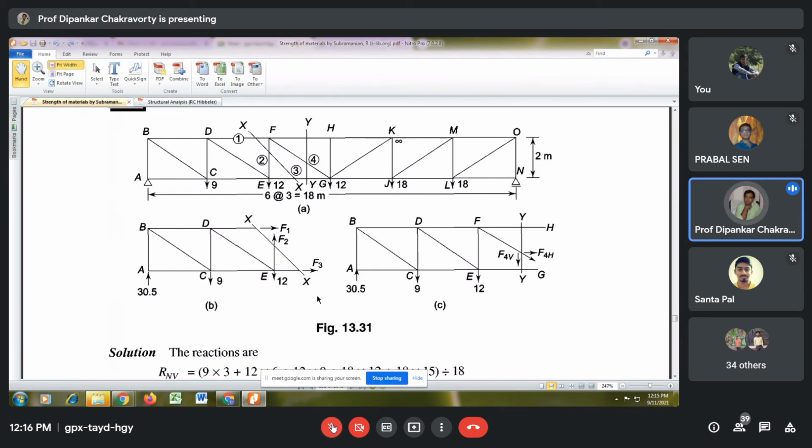Since F2 and F3 pass through E, and the bar force and the load 12 also pass through E, they will not have any contribution in moment about E.